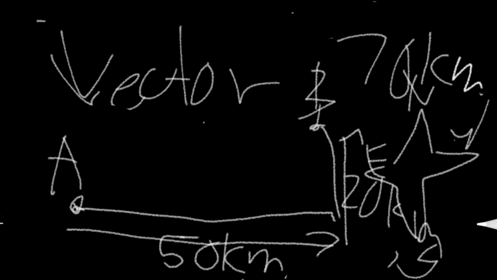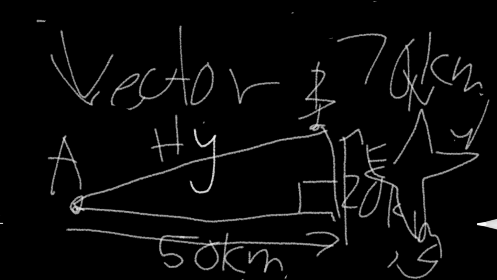That's for the distance. But displacement is the measure of the straight path connecting the initial position and the final position of an object. From point A to point B, this is the straight path, and we get displacement by calculating the measure of that straight path. Using trigonometry, this forms a right triangle.